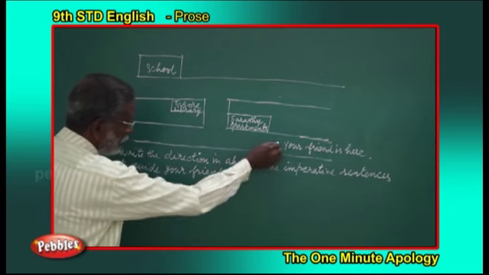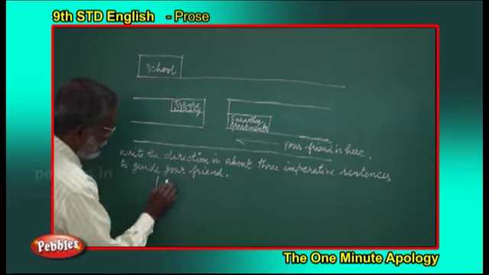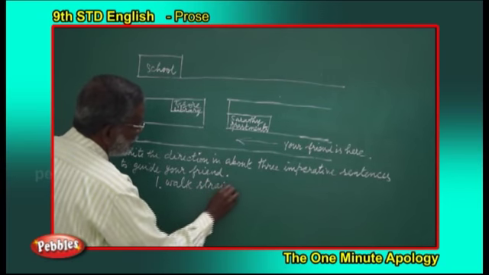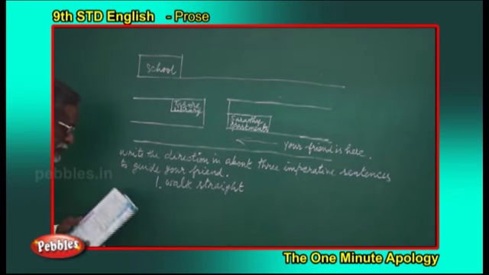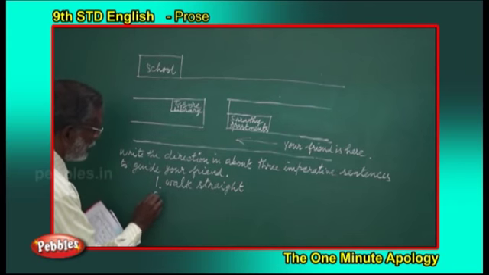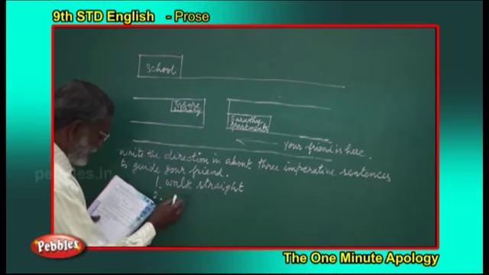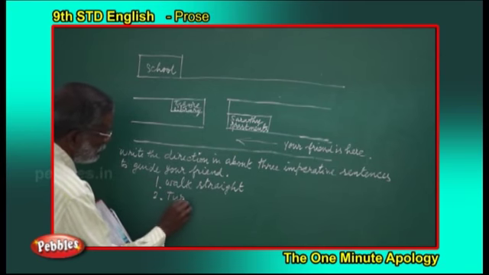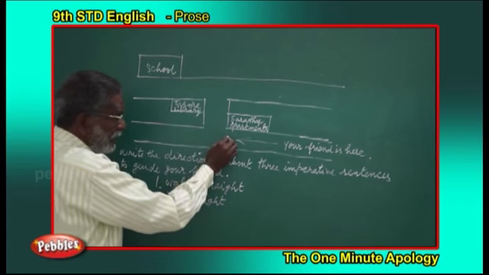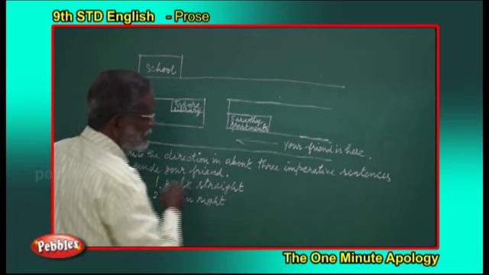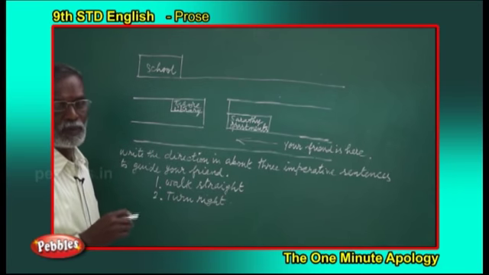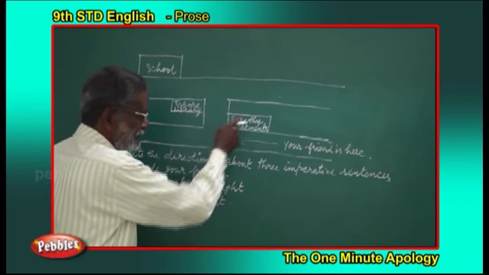From here, you walk straight. Walk straight, because this sentence should be started with the verb. Walk straight, then turn right. Turn right. In the diagram, there is one place shown, Sarathi Apartments. So we are in a position to make use of that.